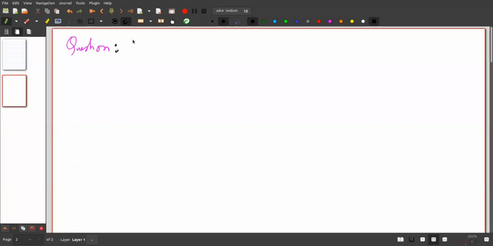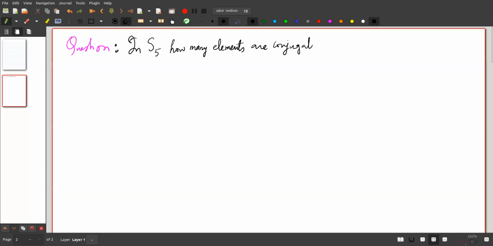Okay, question. How many elements, let us take S5, in S5, are conjugate to, say, (1 2)?